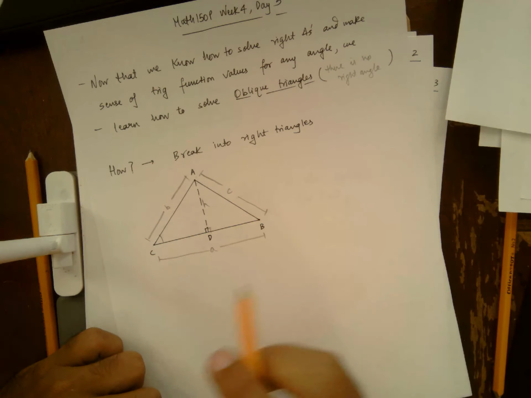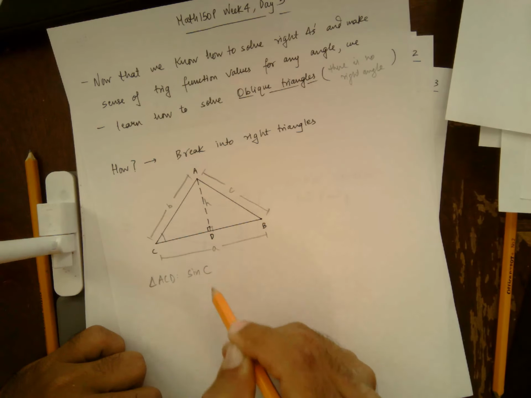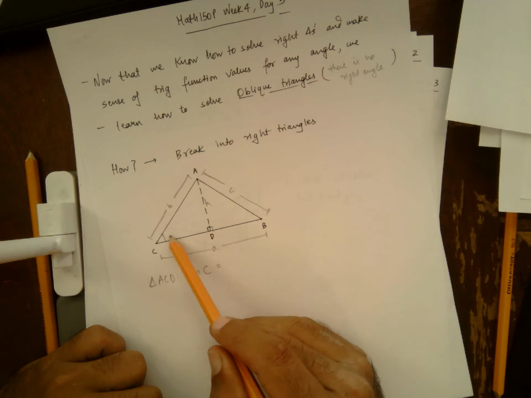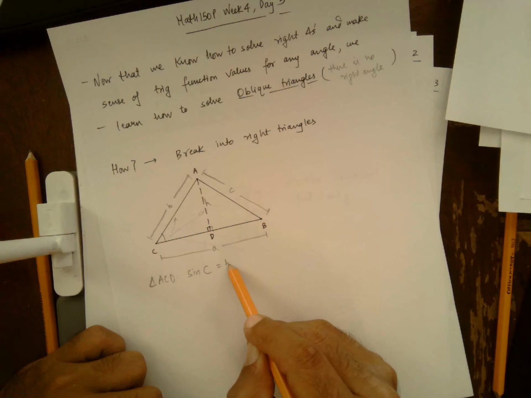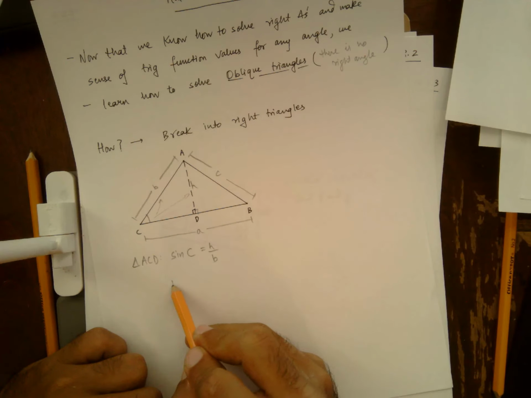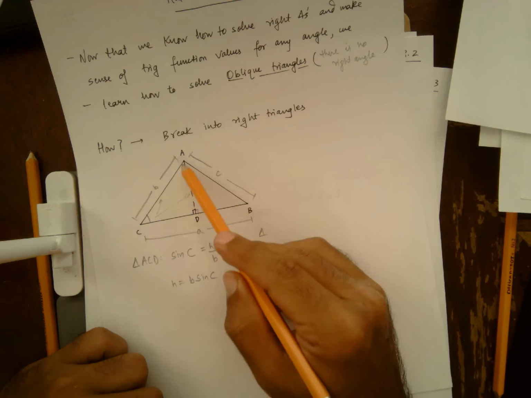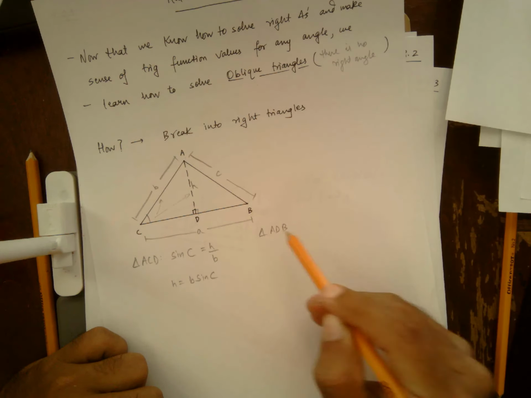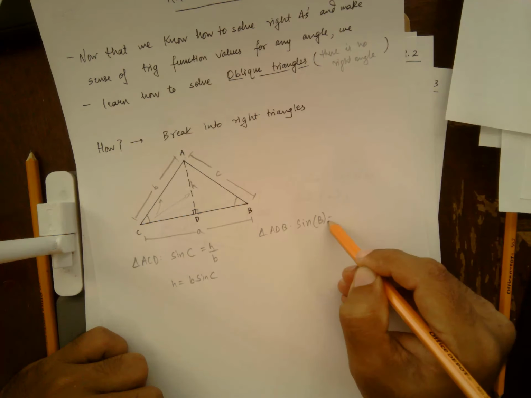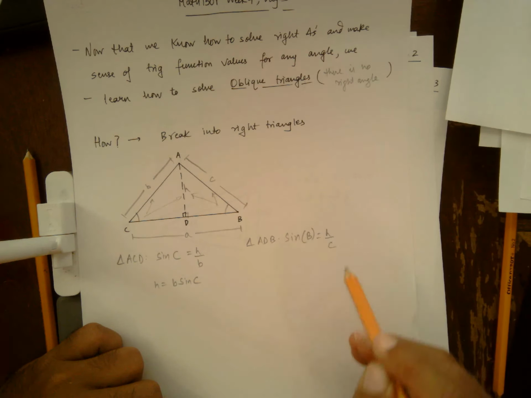Now let's look at triangle ACD. Sine of the angle C is opposite over hypotenuse, so it's h over b, which means cross multiplying, h is b sine C. But if I take the triangle ADB and look at sine of B, that is opposite over hypotenuse, h over c.